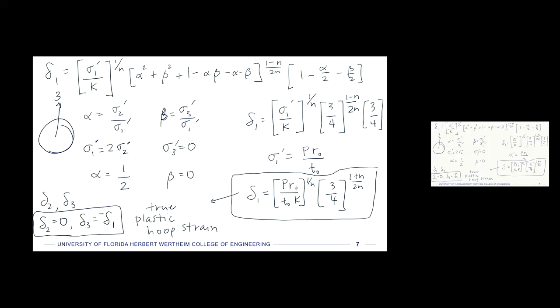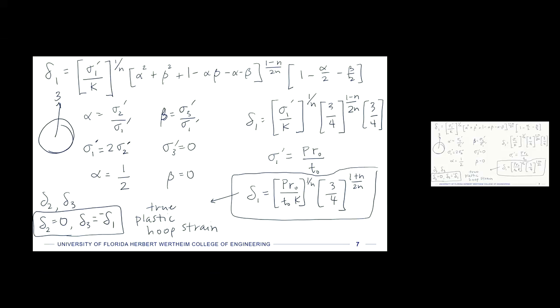We must have delta 3 being negative. And so that is consistent with our assumption that the volume of material doesn't change during plastic strain. Okay? So this means our strains sort of equal out. So we have delta 1 has a positive expression, delta 2 is 0, and delta 3 is the opposite of delta 1. So these are our true plastic strains.